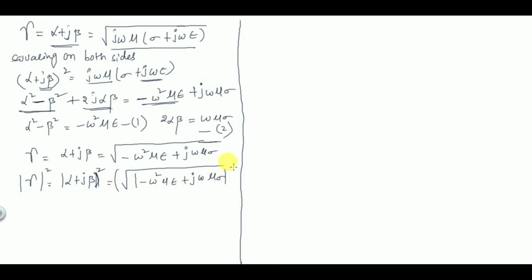Inside the root you have the complex number, so taking the modulus and squaring, the square and square root get cancelled off. So what is the modulus of alpha plus j beta?